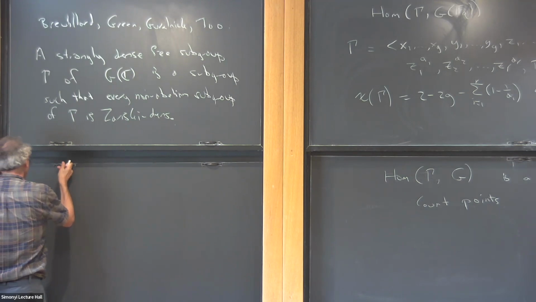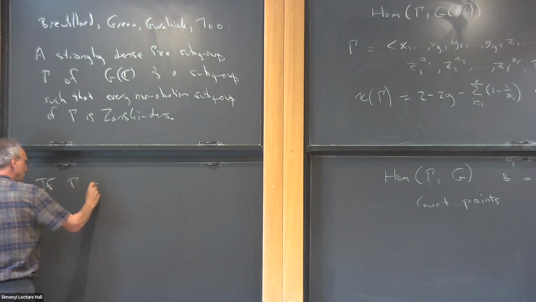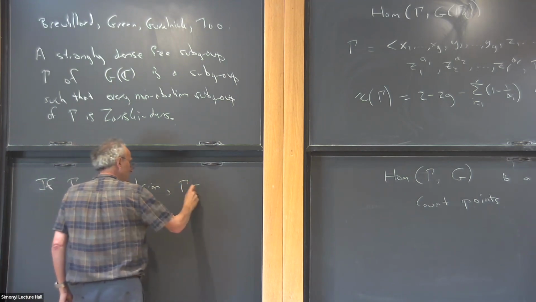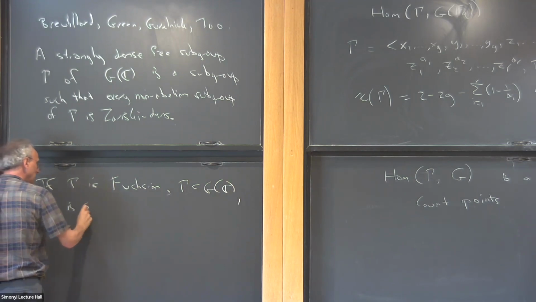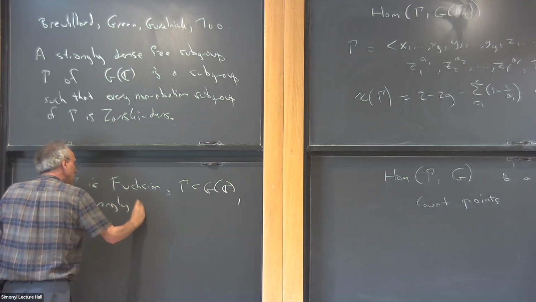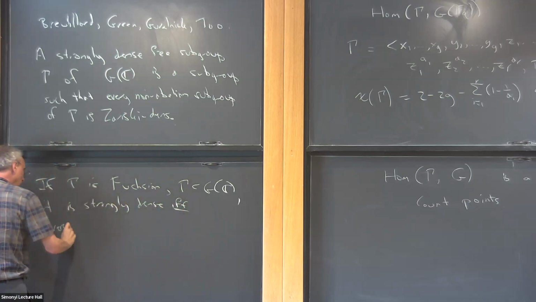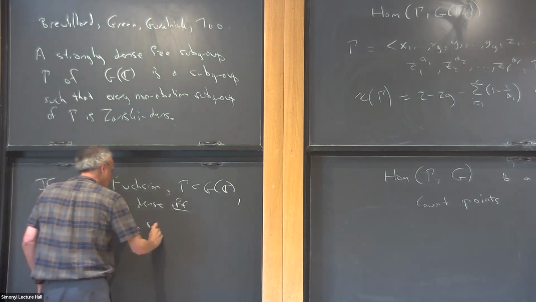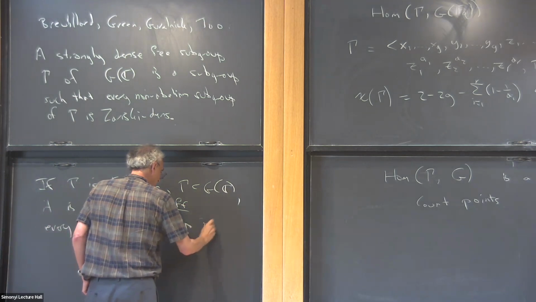So the correct statement, I think, is the following. If gamma is Fuchsian, and gamma is inside G over C, it is strongly dense if and only if, same thing, every non-abelian subgroup of gamma is dense.